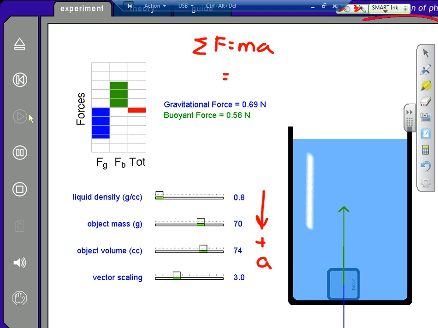Therefore, you would get mg minus F_B is equal to ma, and you would be able to solve for the acceleration of the object while it's sinking. A lot of times, they may end up not even giving you the mass of the object, but they'll give you the density of the object as well. But we're going to do some AP problems, and we'll see that. But keep in mind sigma F is equal to ma.